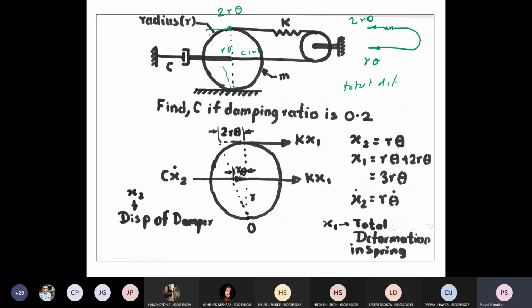Internal force will be stiffness into deflection, and deflection is 2r theta plus r theta, that is 3r theta. These are the internal forces. So internal forces is K into x1, here also K into x1. Because it converges.